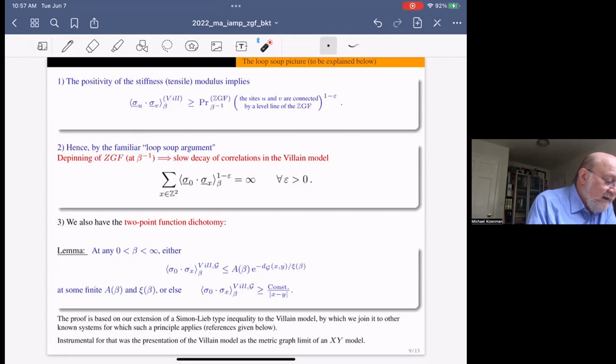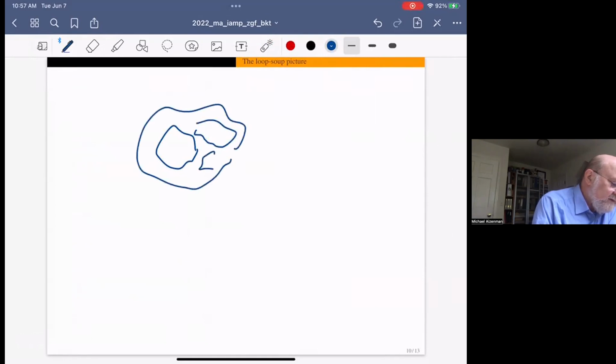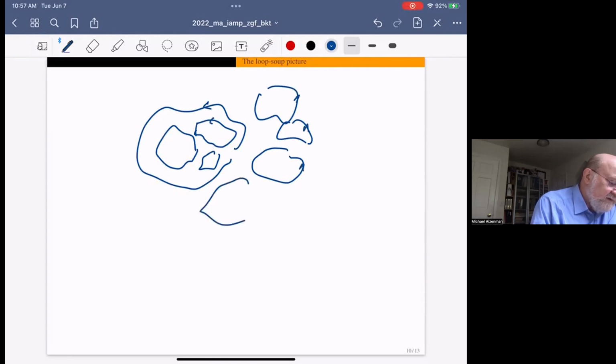Now, there is a loop-sup argument which occurs in many other situations, so let me just quickly describe it. There are various other situations that actually I see people in the audience who wrote about such things. There are situations where you have a Gibbs measure described, where you have a distribution of what's referred to as loop-sups. These are ensembles of loops which do not cross. They may be dense or not.